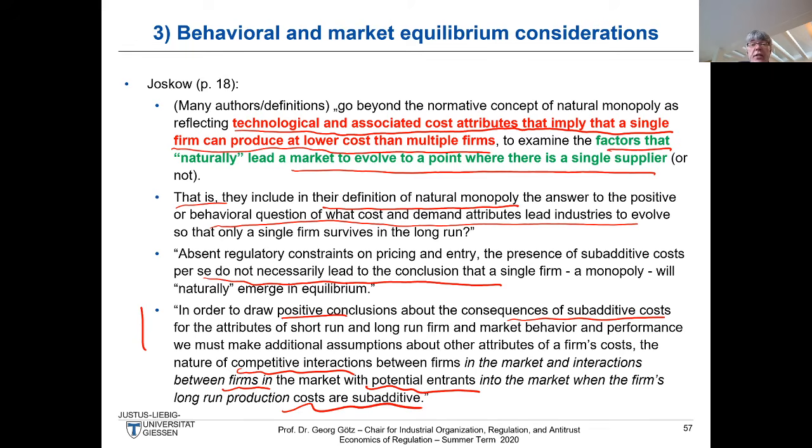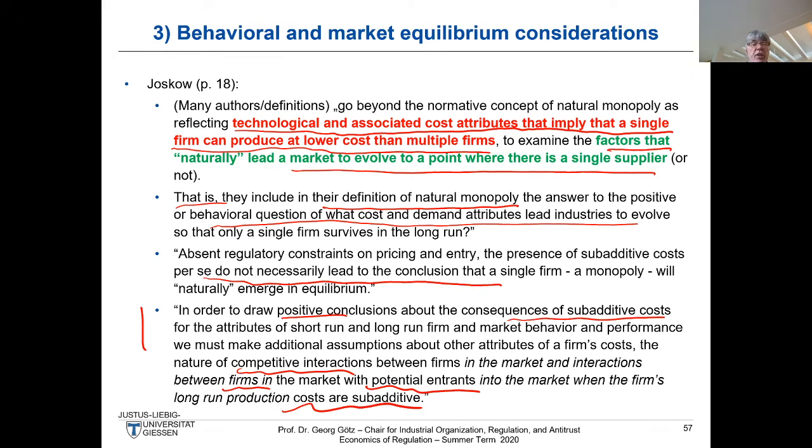Okay, I want to stress this once again. Natural monopoly in a very basic sense means just that we define it technologically via subadditivity, and that is simply a cost concept.